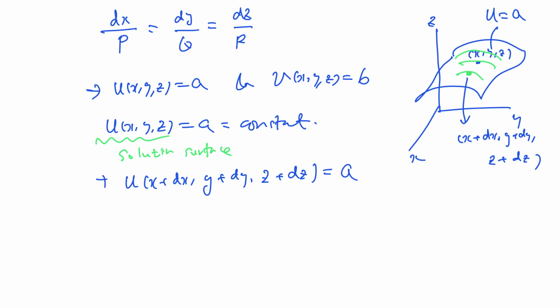So we can subtract. u(x plus dx, y plus dy, z plus dz) minus u(x, y, z) is equal to 0.